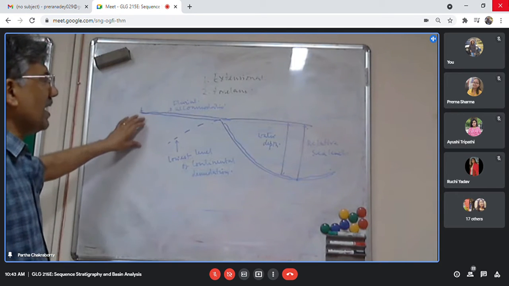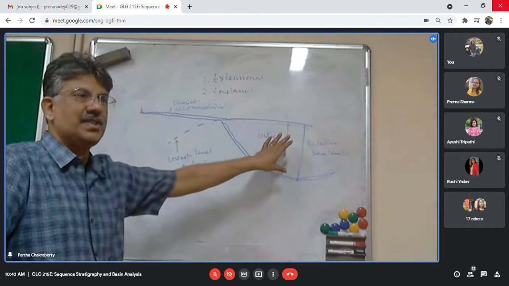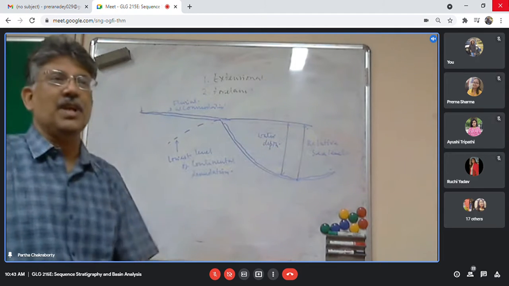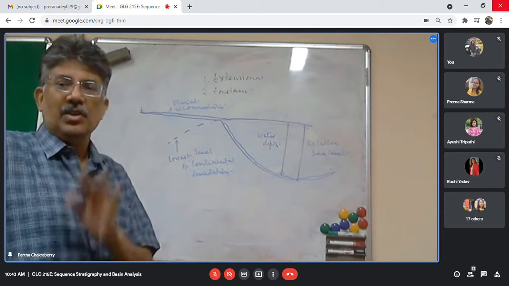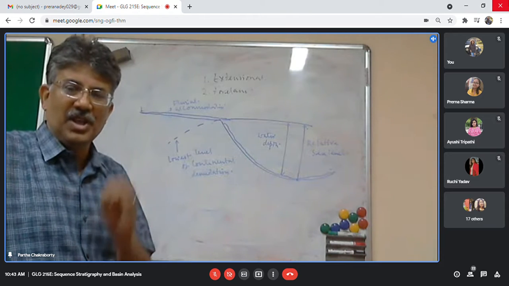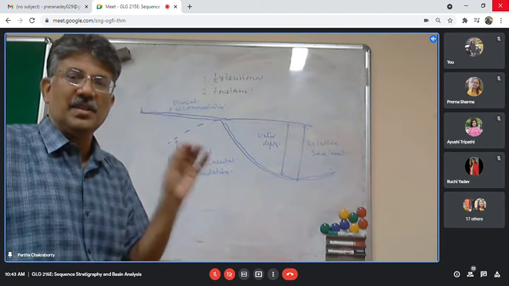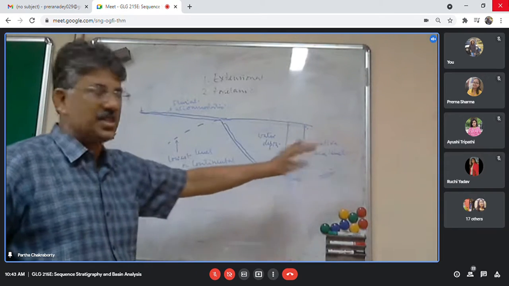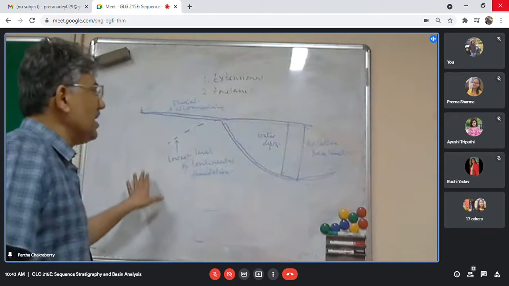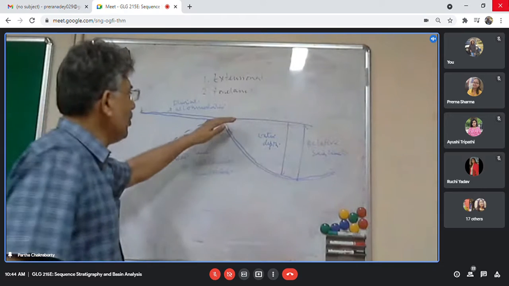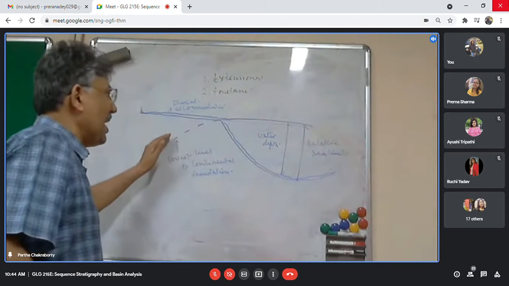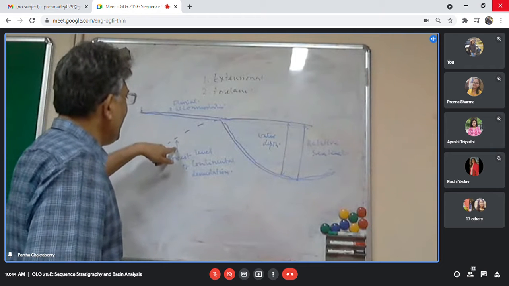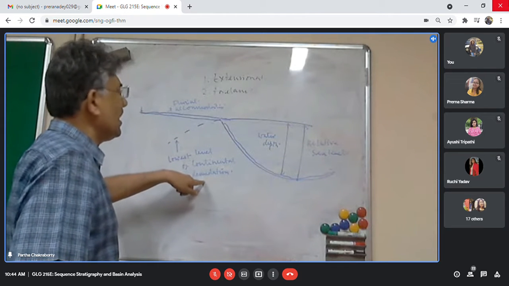Now, when we connect the fluvial and the marine systems together and try to define the accommodation and the base level, when both concepts are defined from the continental to the marine system, the total definition comes like this: you have this entire hemisphere, and this is the lowest level of continental denudation.